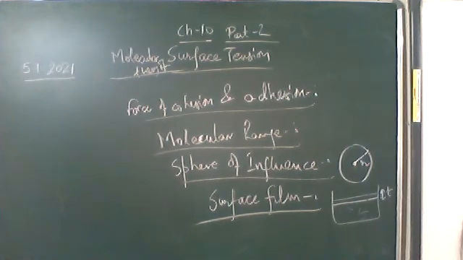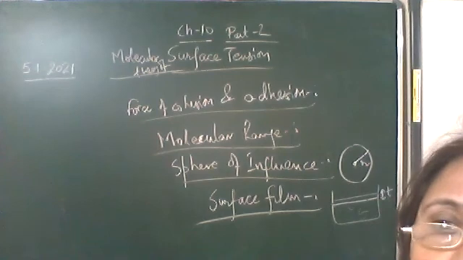The force between two different molecules is called the force of adhesion. Then molecular range: the maximum distance up to which one molecule can attract another molecule.